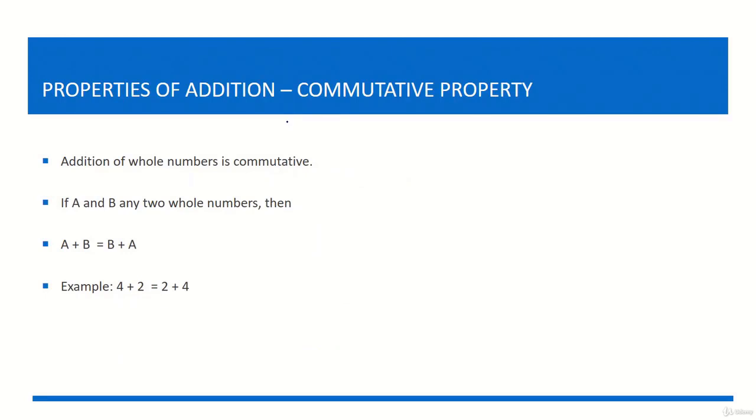There are different kinds of properties of addition. One is the commutative property. Addition of whole numbers is commutative. What is commutative? Let us check. If A and B are any two whole numbers, then A plus B is equal to B plus A. Irrespective of the position of the numbers, the sum will be the same.